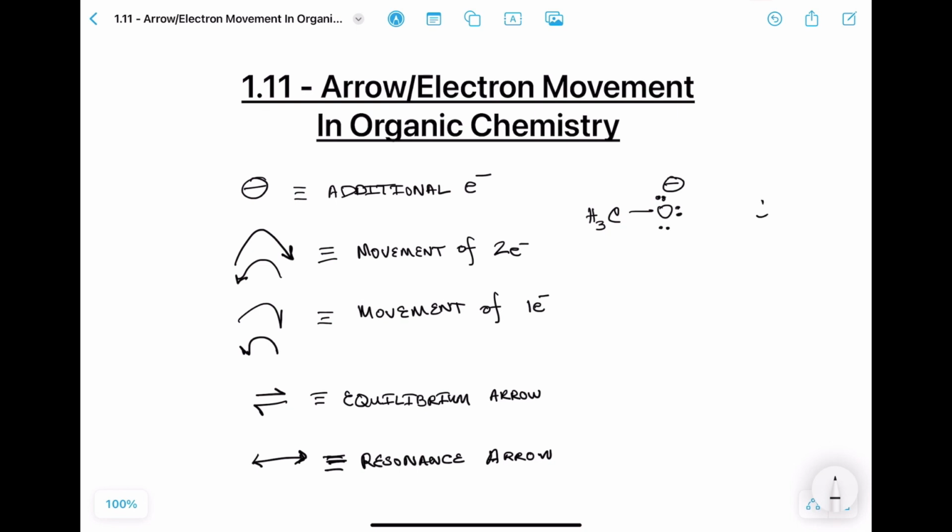Now, if I write out CH3O minus, and we write the minus, we don't know exactly from that structure. We can assume, based on knowledge and experience from doing a bunch of these problems, that it's going to be on the oxygen. But essentially, this is saying that the overall molecule is charged.